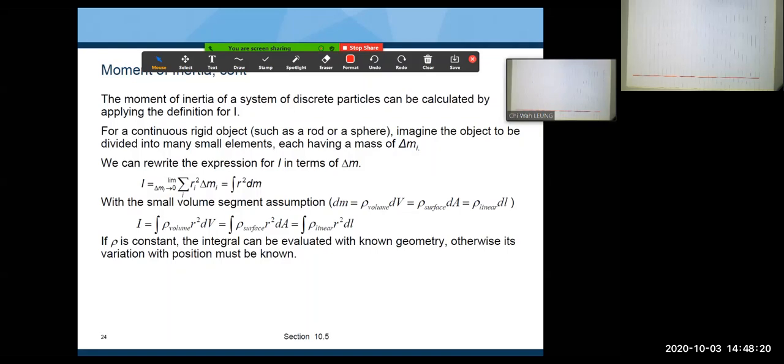You have many particles. i corresponds to a label for a particular particle. So you could have i running from 1 up to infinity. You have an infinite number of particles. That is up to you. And each of them has a corresponding mass, and a particular distance away from the axis of rotation. So the idea is m_i times r_i squared.